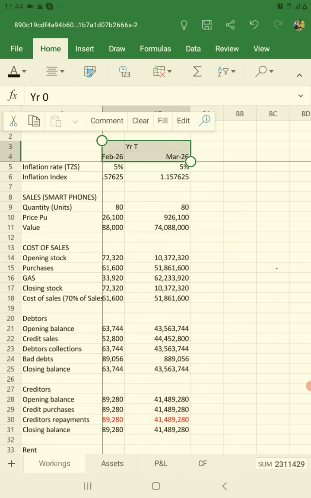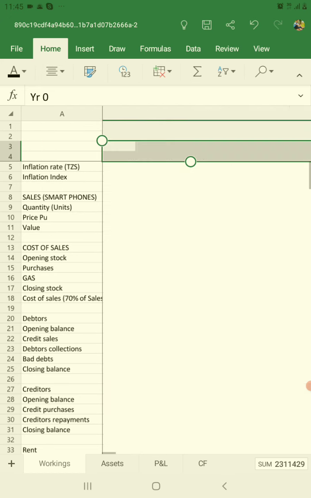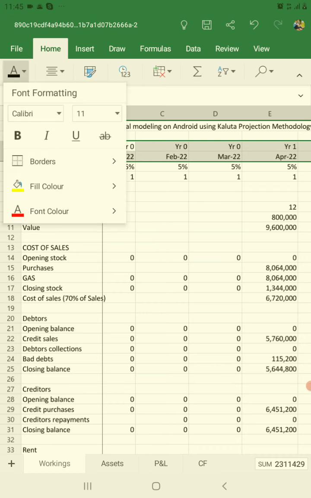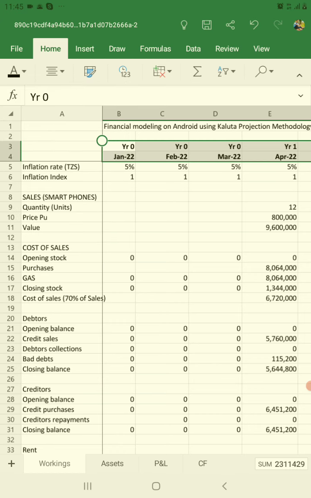Before I copy them, let me arrange them so that they appear presentable by aligning them to the right, and by bolding them. So here on this option, bolds.